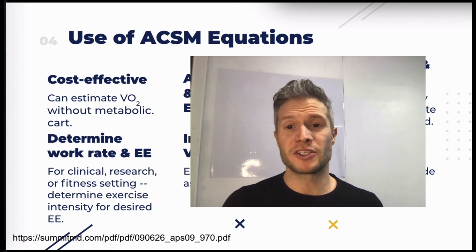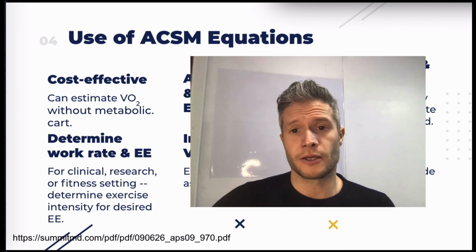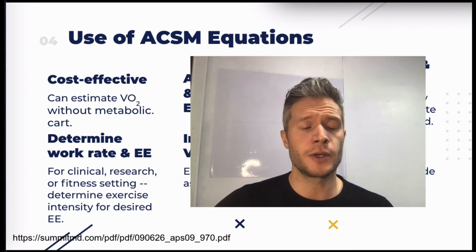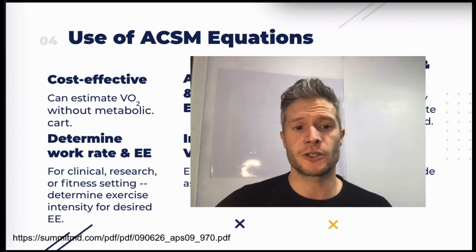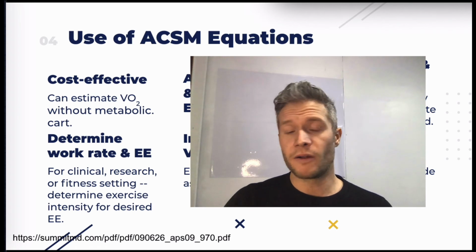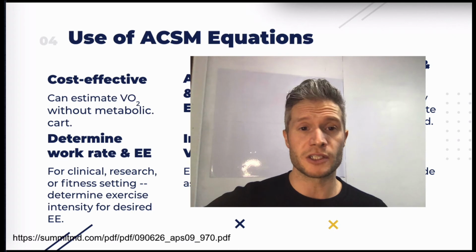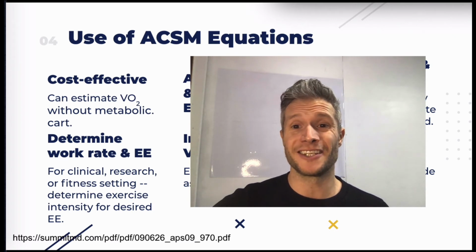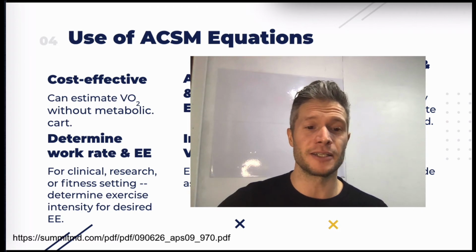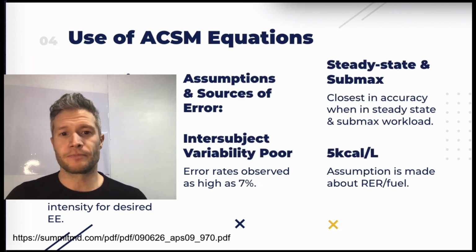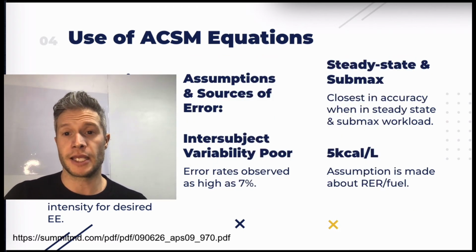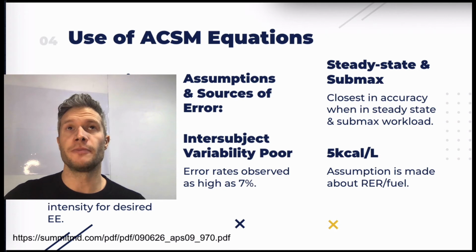With these equations, as you've noticed with the resting metabolic rate equations and the body fat percentage equations, all of these carry certain assumptions and therefore certain sources of error, or parameters where they're ideal and other parameters where they're less ideal. Their intersubject variability is quite poor.